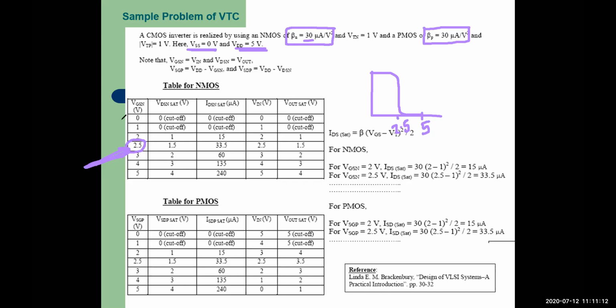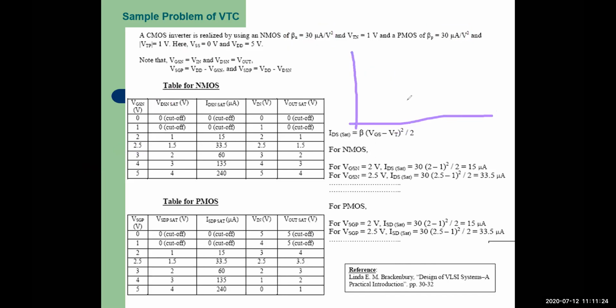Okay. Now, here your VGS is 0 to 5, what about your VDS? Remember, for drawing the graph, we only need 1 point for drawing each curve. Why? Because this point we need only.